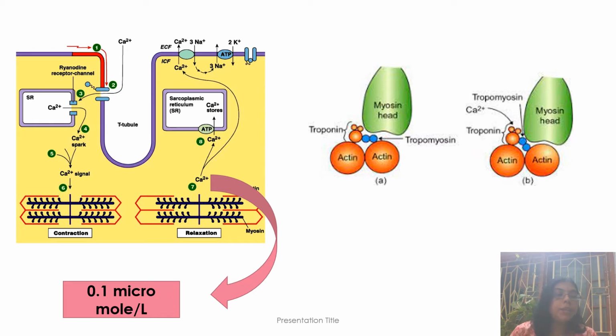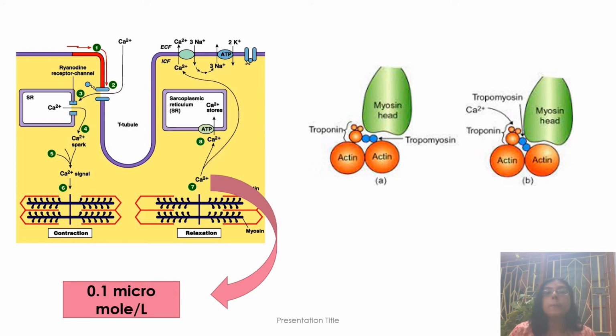So when the calcium level goes below this critical value, calcium detaches from the troponin C. As a result, tropomyosin covers the myosin binding sites on the actin and the muscle relaxes.